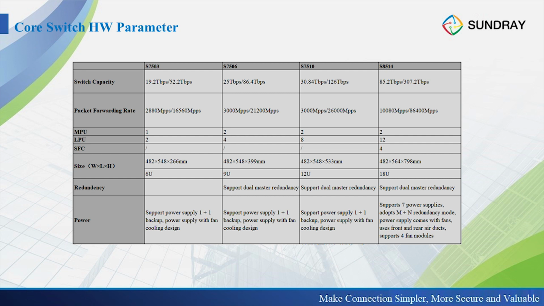Here are the core switch hardware parameters for this model, the S8514. The switch capacity is 85.2 Tbps. Actually, this number is already much more than the aggregation layer switch, and the packet forwarding rate is also an amazing number.